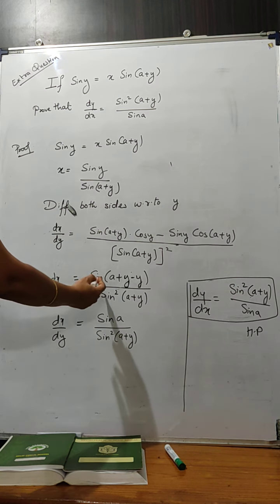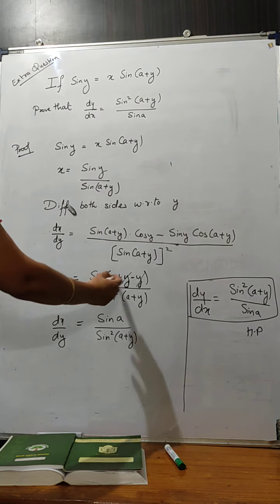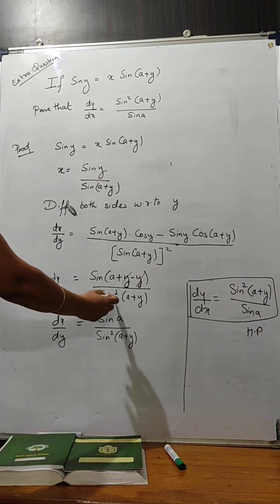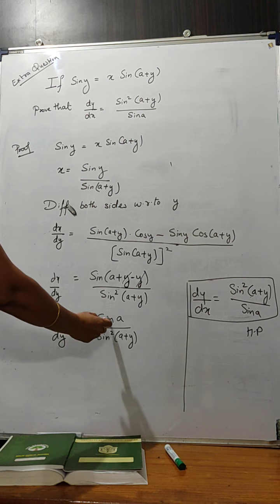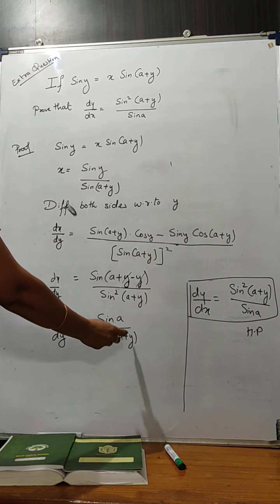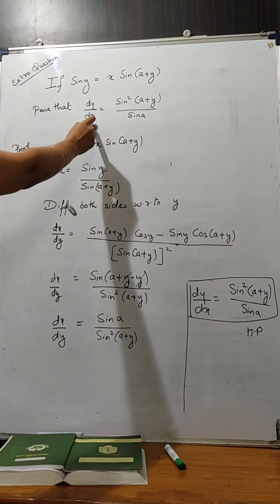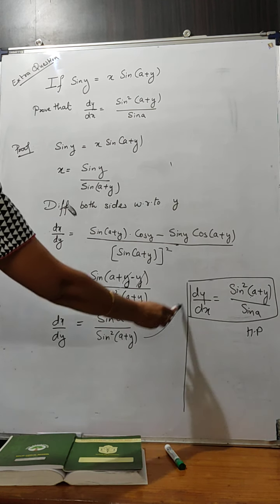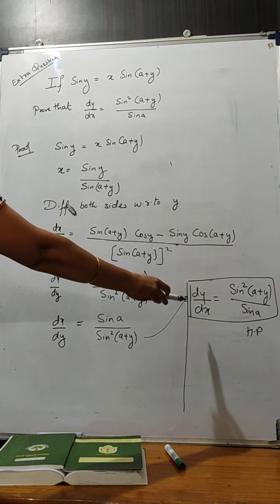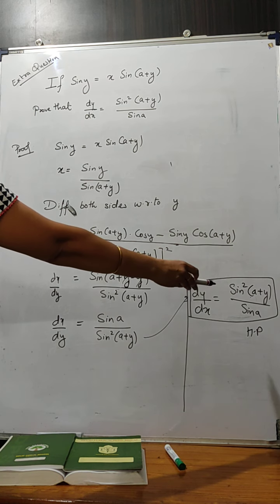So we will be having sin of a plus y minus y, y and y cancelling out, whole divided by sin square a plus y, that is we will be getting sin a upon sin square a plus y. This is actually dx by dy, but our requirement is dy by dx. So we will be taking the reciprocal and writing dy by dx is equal to sin square a plus y upon sin a.